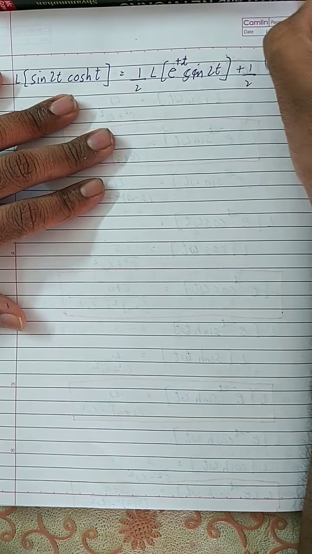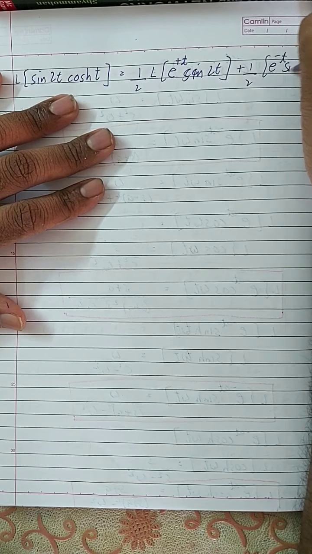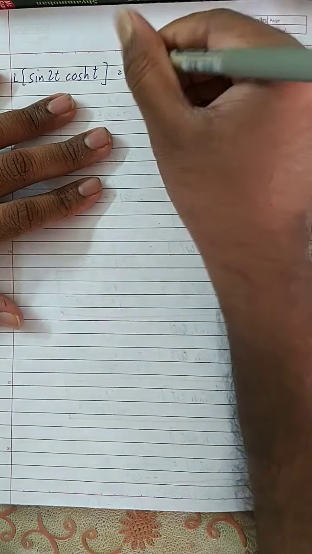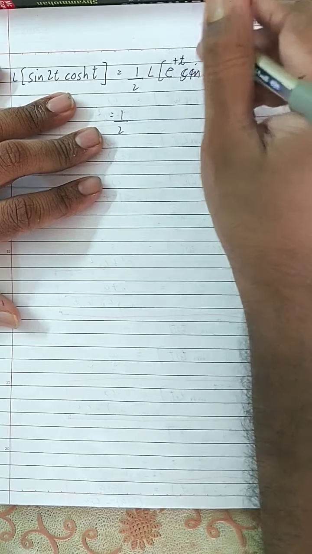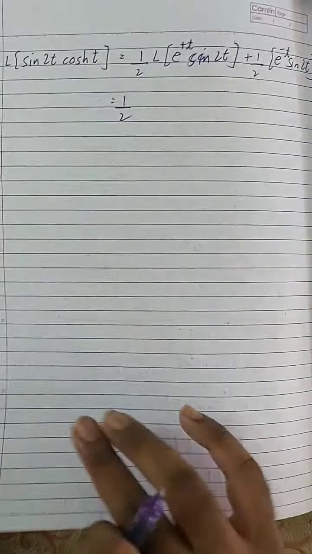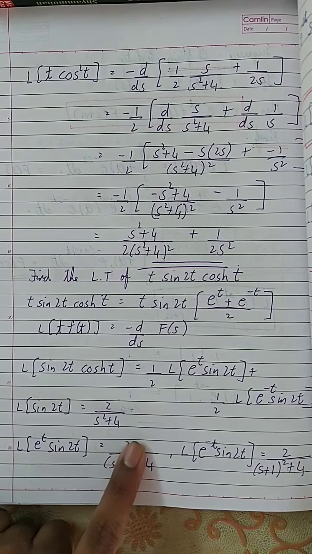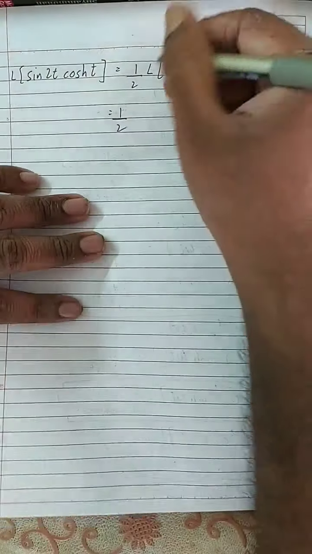And I already found that the Laplace transform of e raised to t sine 2t is 2 by s minus 1 the whole square plus 4.